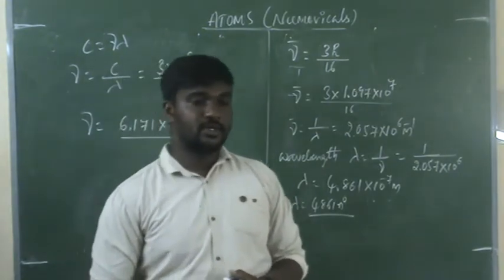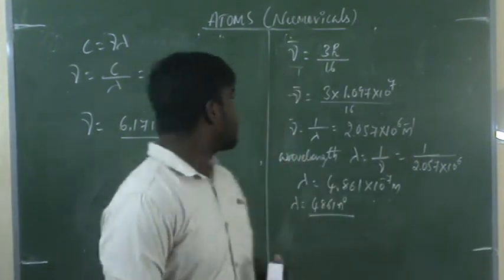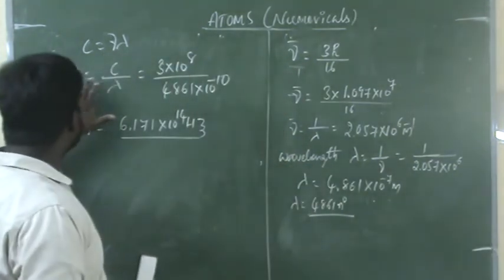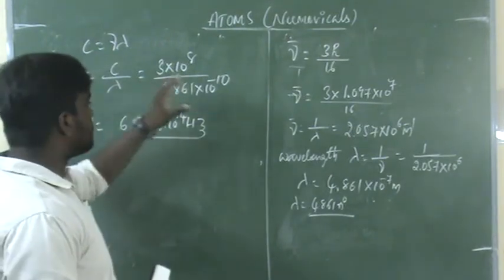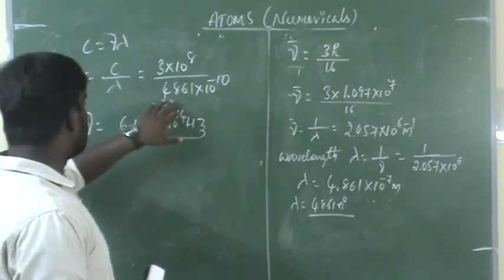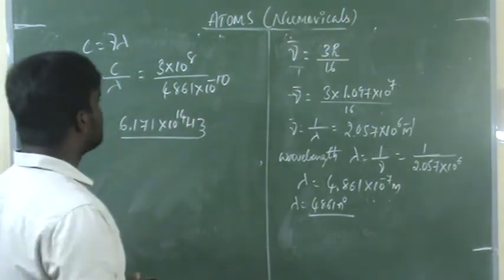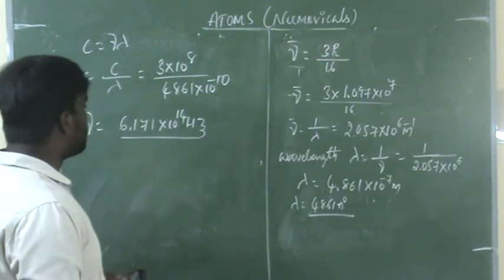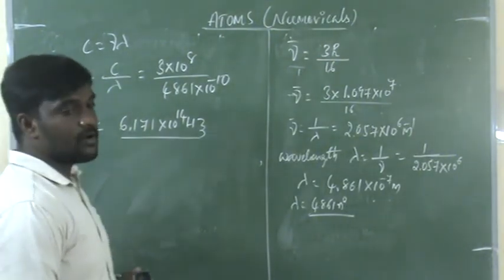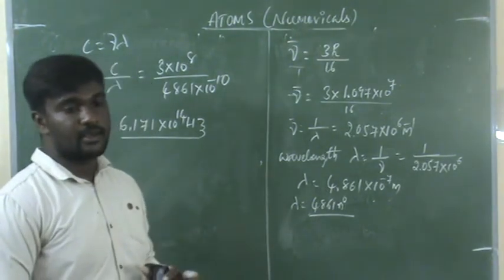Frequency: c equals nu into lambda, which means nu equals c by lambda, where c equals 3 into 10 to the power of 8 divided by 4861 into 10 to the power of minus 10. So finally the frequency is 6.171 into 10 to the power of 14 hertz. That is the frequency. Clear?